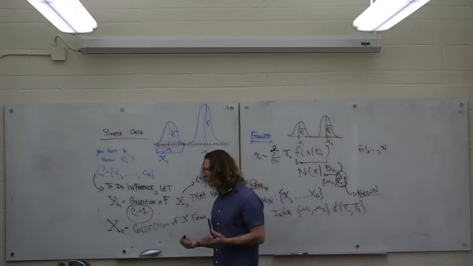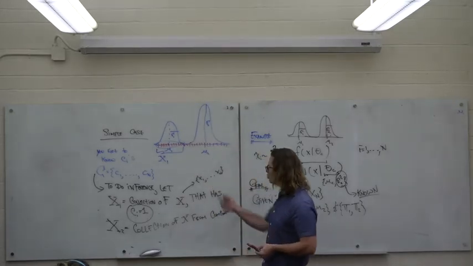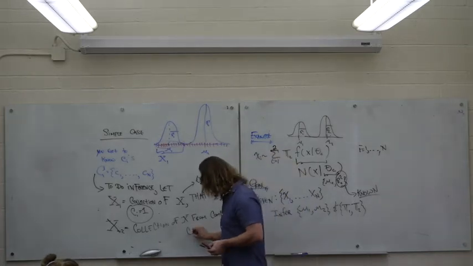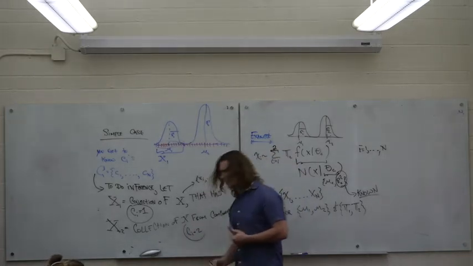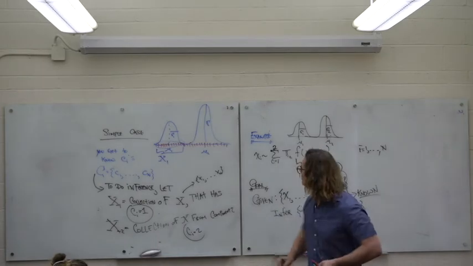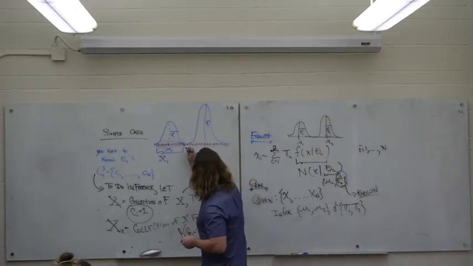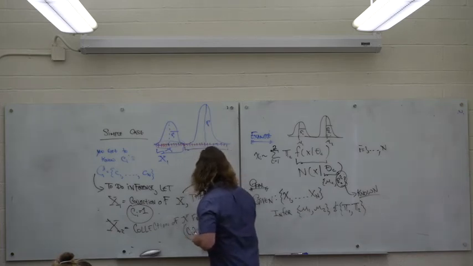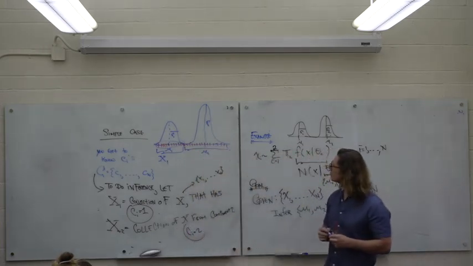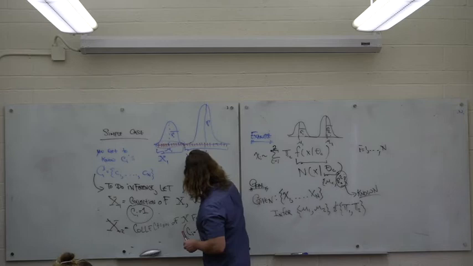So basically, I just looked at where the C_i's were equal to 2, and I took those corresponding X's. So let's say I give those to you. Those are here. So that's X2 stuff.